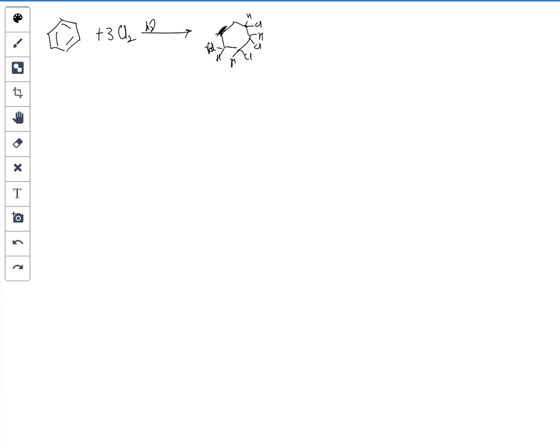What would be the name of this compound? The formula is C6H6Cl6. In short, it is called 666. It has another name also. It is called gammexane. It is also called lindane.